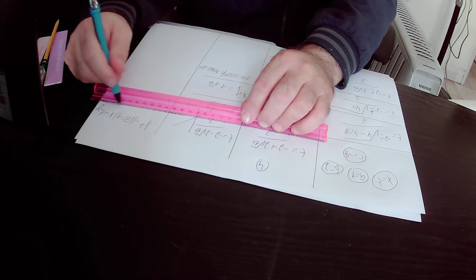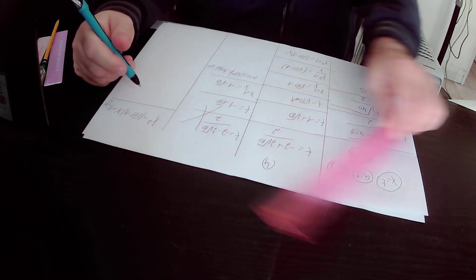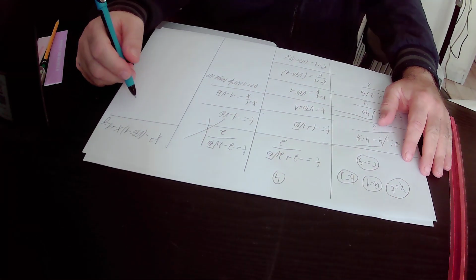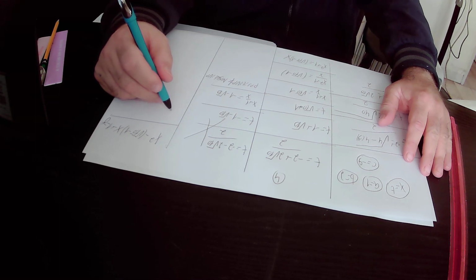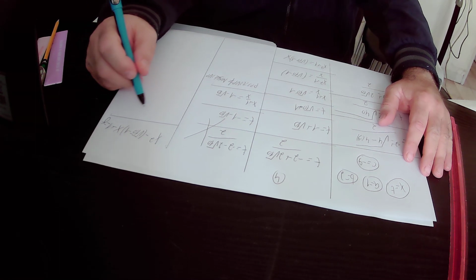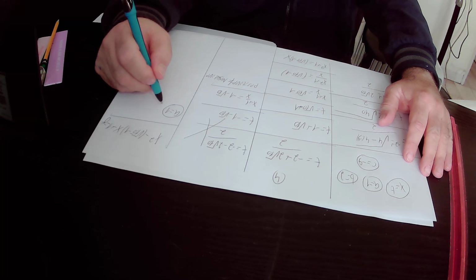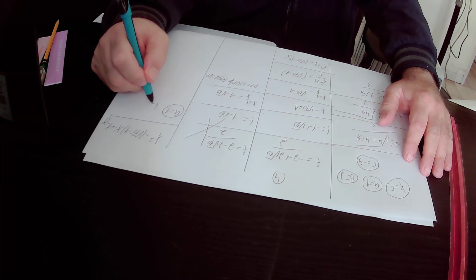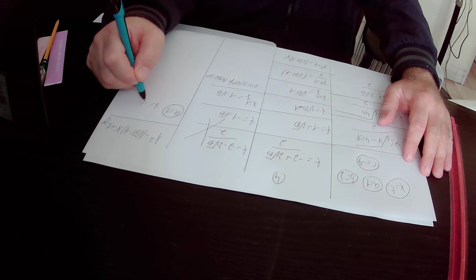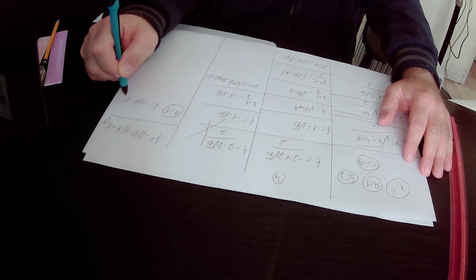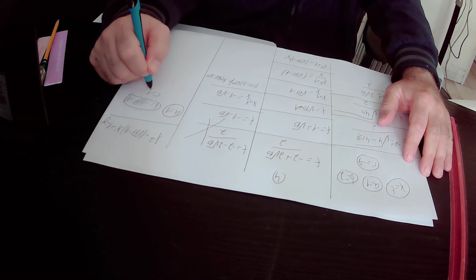So here we got a quadratic equation. In this quadratic equation, we know that a equals 1, b equals minus the square root of 10 minus 1, and c equals 1.